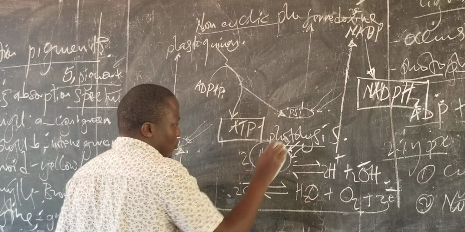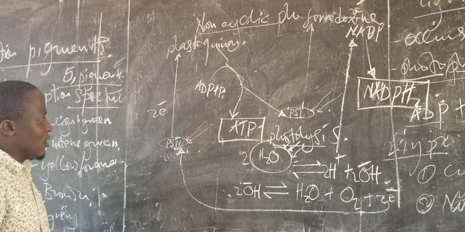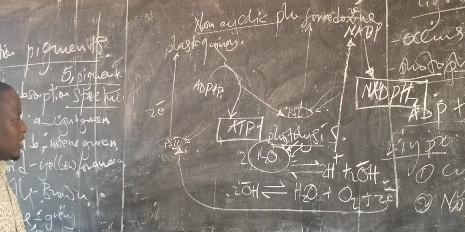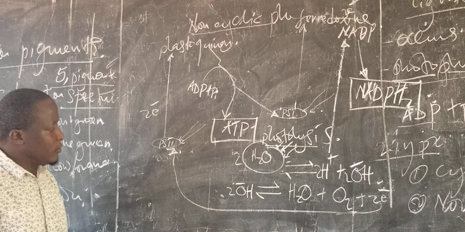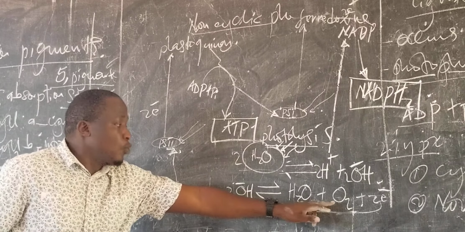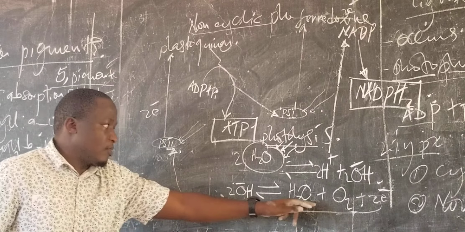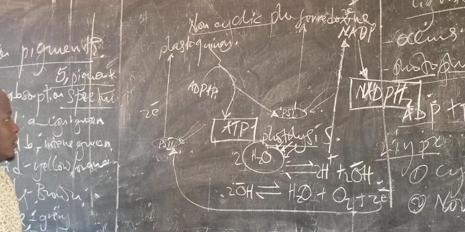That is the process called photolysis. I also want to emphasize that the water molecule produced during photosynthesis comes from the photolysis of the water molecule.